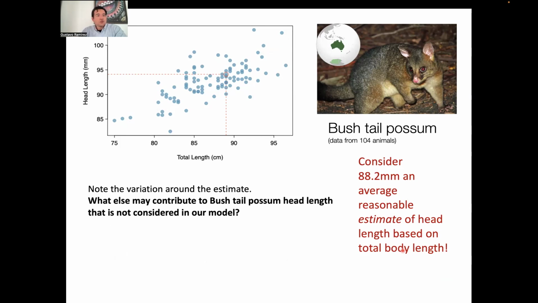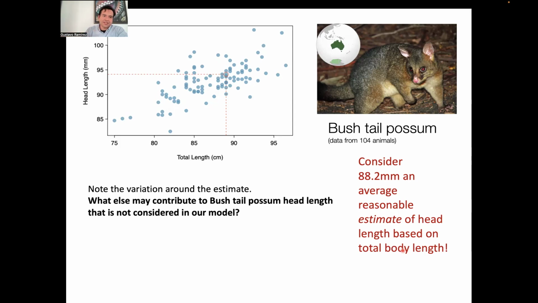From a nutritional perspective, there might be slightly microcephalic, smaller-faced possums, based on which part of Australia they live in. Maybe there's poor nutrition in one part of the countryside versus better nutrition in another. So there are many different considerations that could be confounding variables influencing how tight the relationship between total length and head length is.